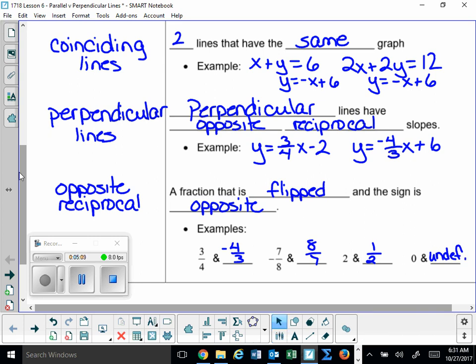All right, we have a couple of vocabulary words here that you need to do. And let me get my highlighter. Opposite reciprocal, perpendicular lines, coinciding lines.